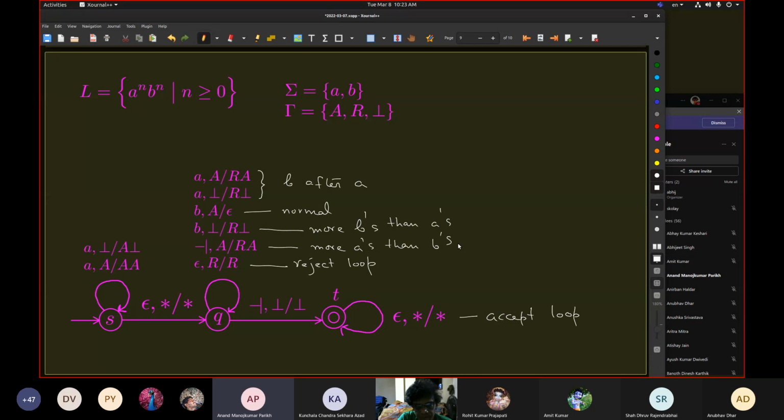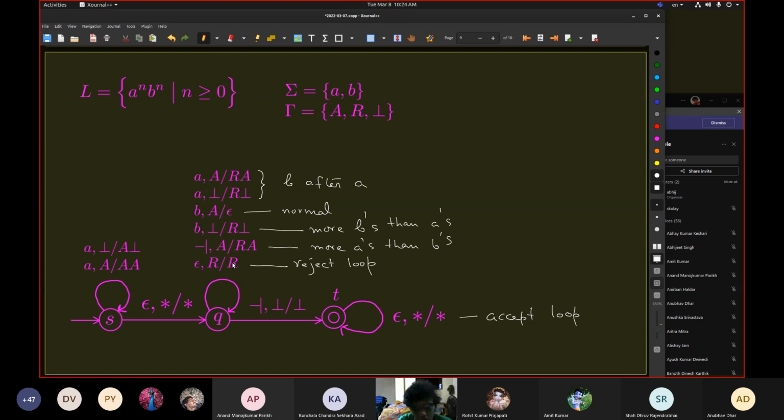So the epsilon transition is chosen only if there is no transition labeled by that character. Correct. Yes, exactly. There should be a way out. The machine cannot get stuck. Yeah, that is the reason. If nothing else matters or applies, we have to use such an epsilon transition. Okay.